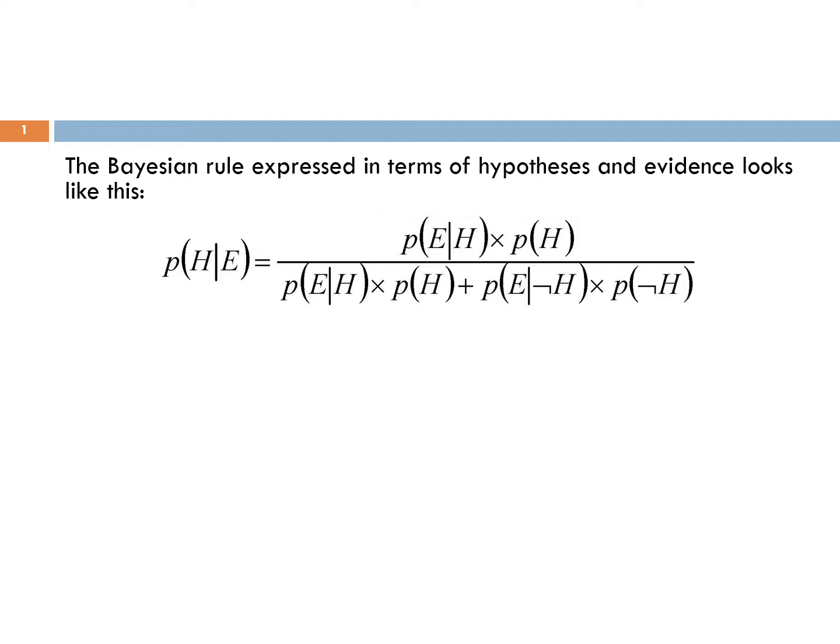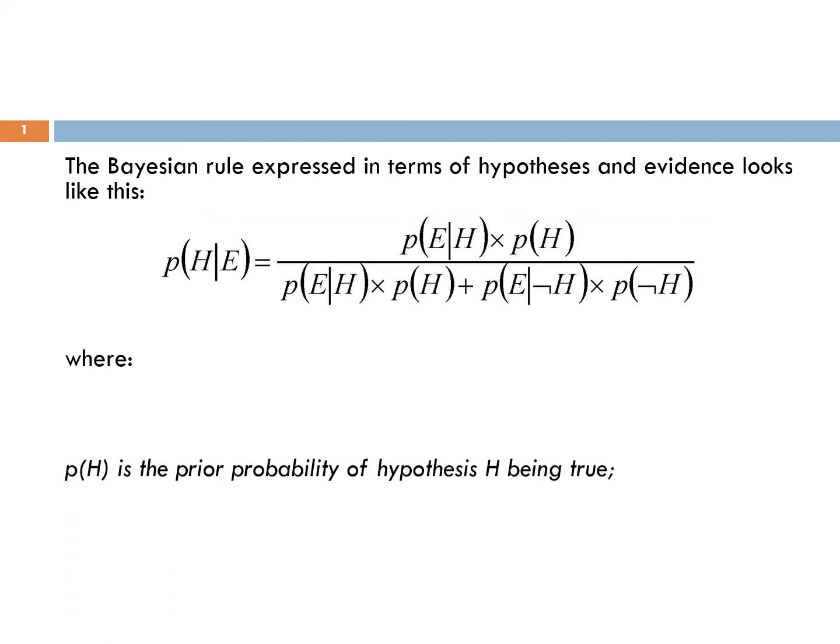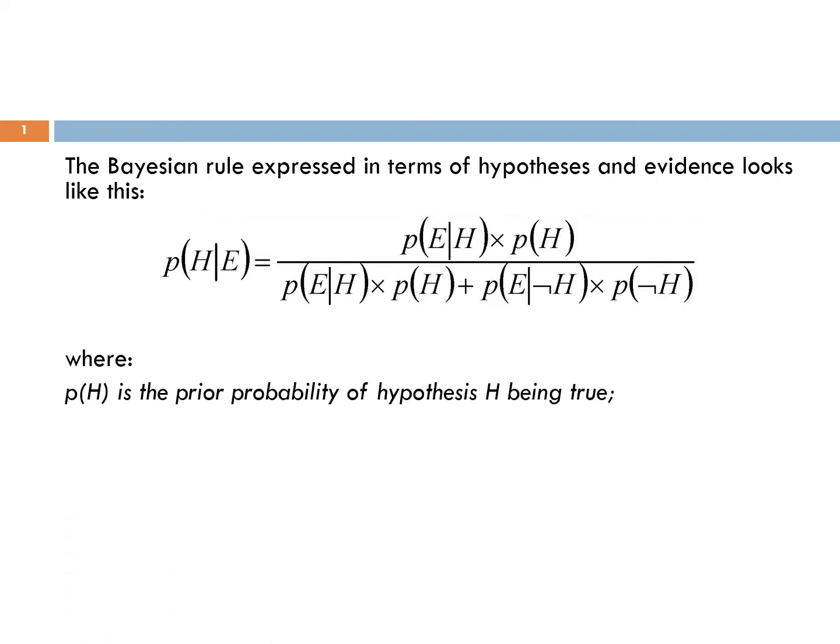Then we have this expression, the conditional probability of the hypothesis being observed, evidence, hypothesis, and so on. Where P(H) is the prior probability of hypothesis H being true. This is the probability of the hypothesis being true.